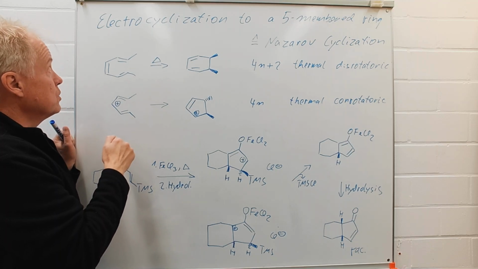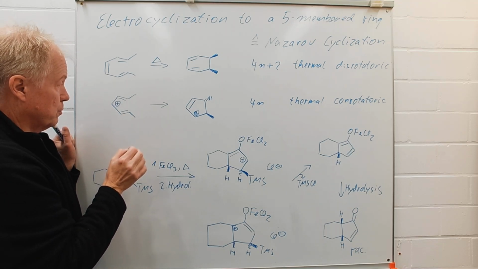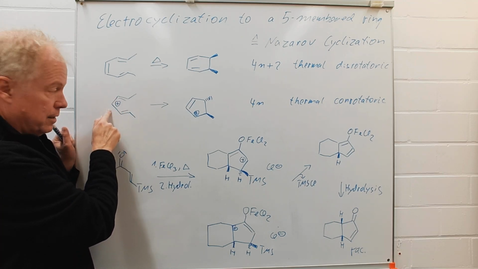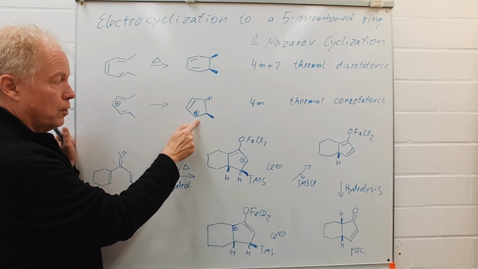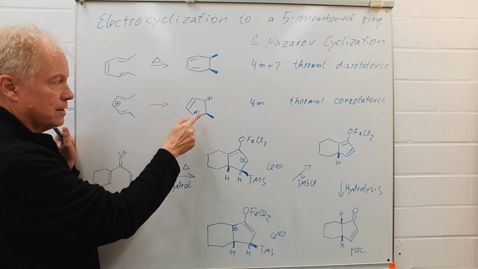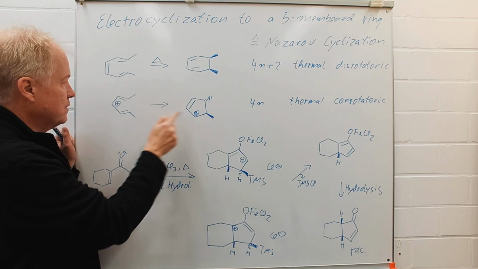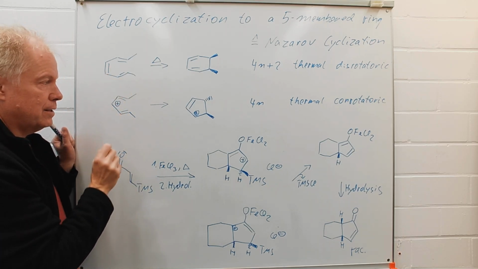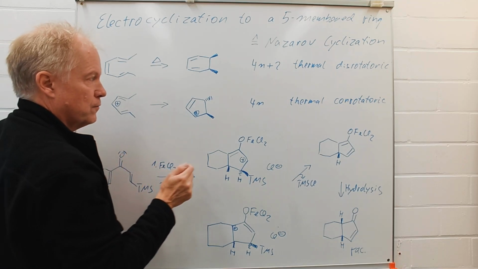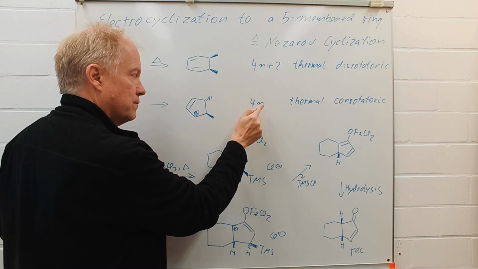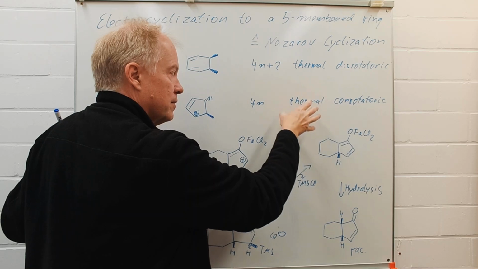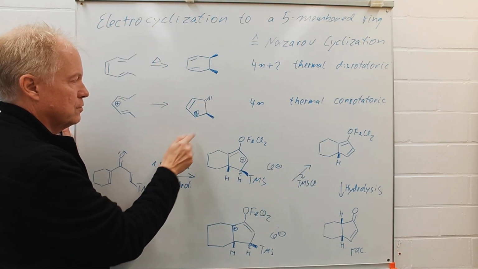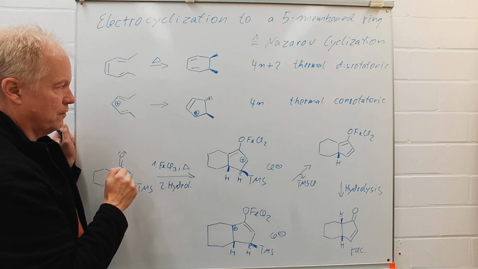An electrocyclization is also possible with a pentadienyl cation, forming that allylic cation here, and in this case not 6 but 4 pi electrons are involved, and therefore there is that rule 4n means thermal, in the thermal case conrotatory, and therefore the two substituents will end up on opposite sides of the five-membered ring.